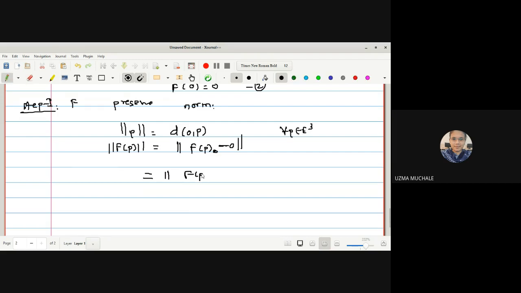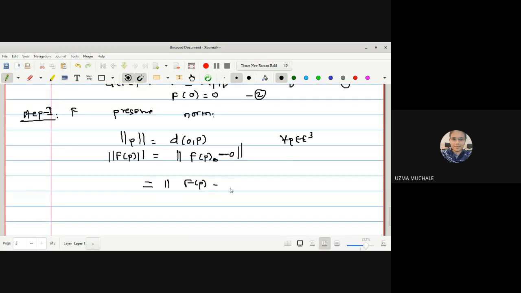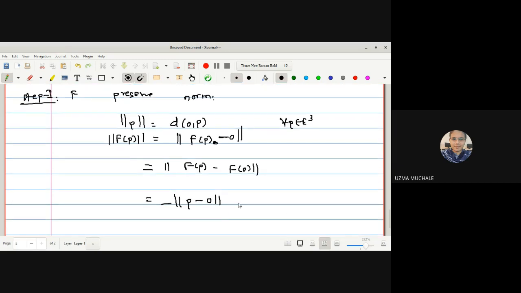But what is 0? From equation 2, I can write 0 as F of 0. Now as F is an isometry, can I write norm of F(P) minus F(0) as the norm of P minus 0?